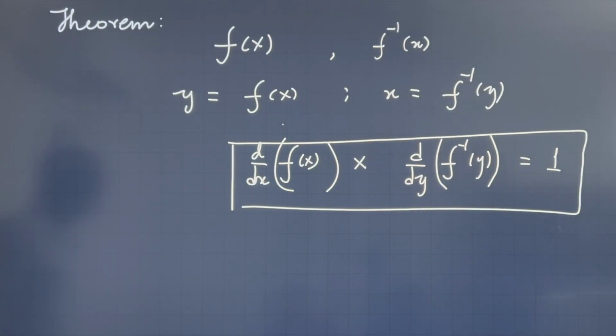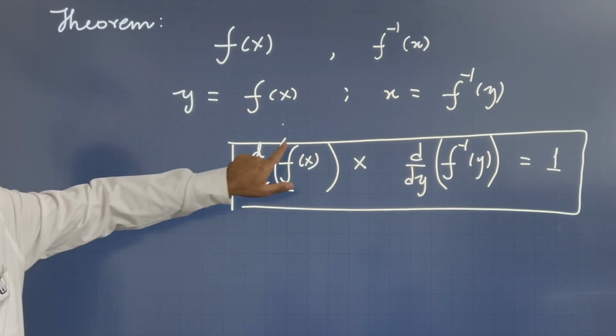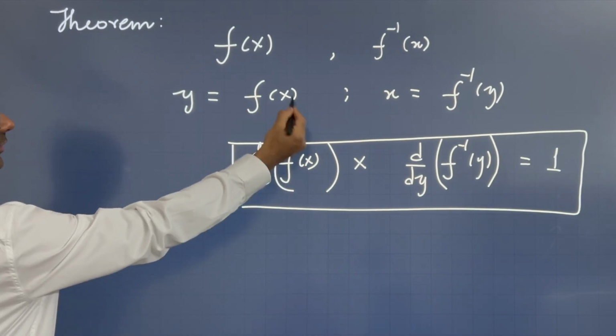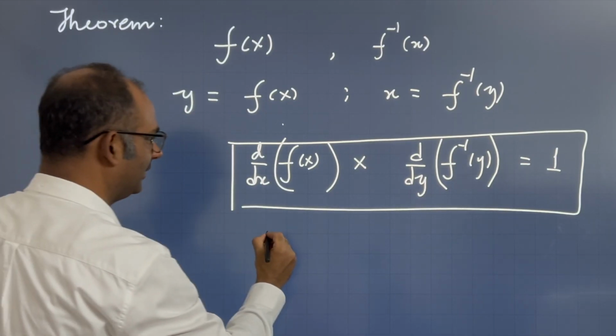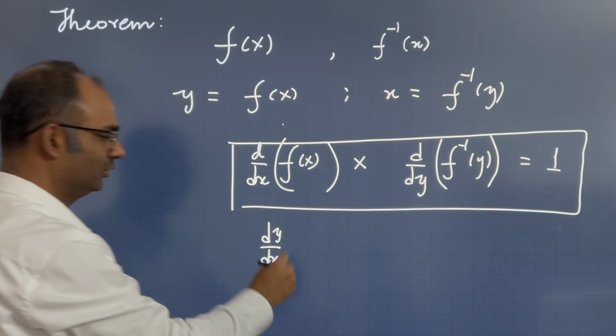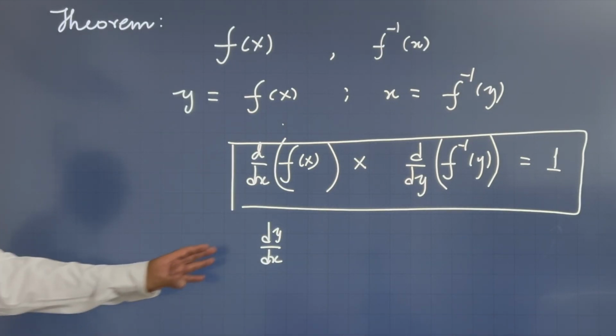I will write it in another form. So instead of writing this way, we can also write, instead of f of x, let's put just y, so it becomes dy over dx. I have not really introduced this notation, but I believe you have already seen it.